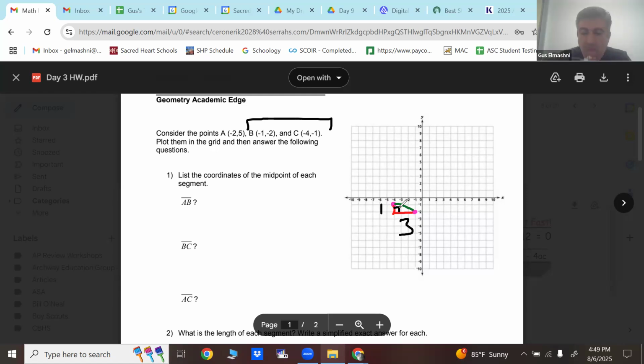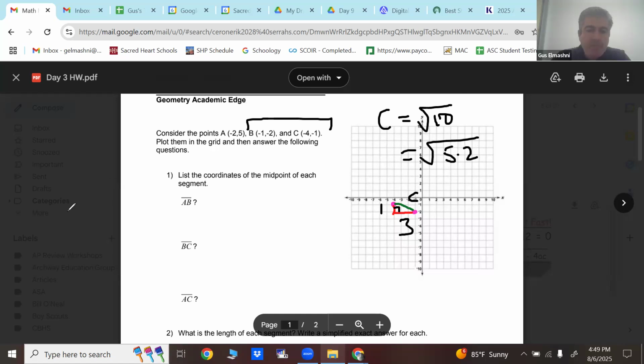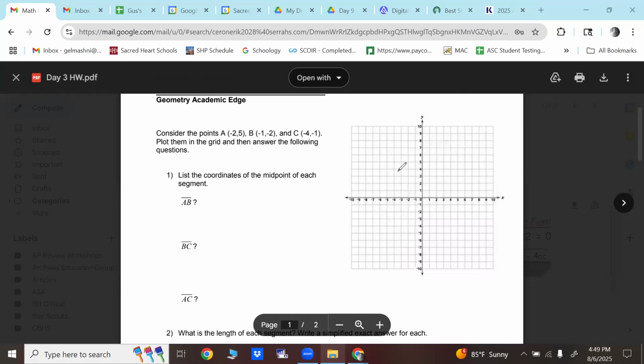I know what you meant. And if you do the Pythagorean theorem, what do you got? Root 10? I mean, yeah, 5 and 2, but they're not perfect squares. So it's just root 10. That's the AC.